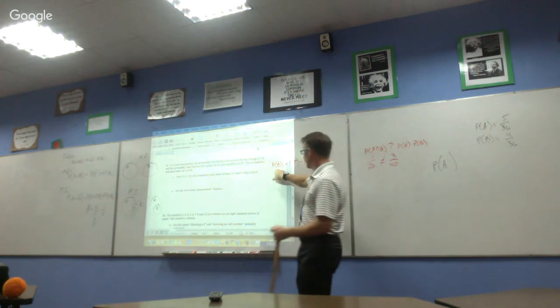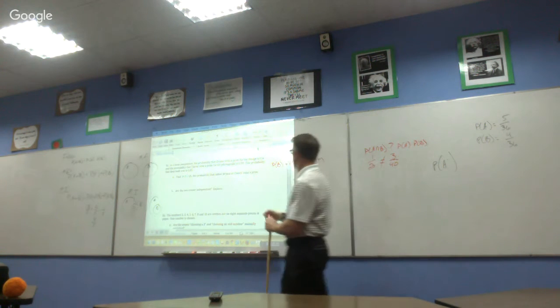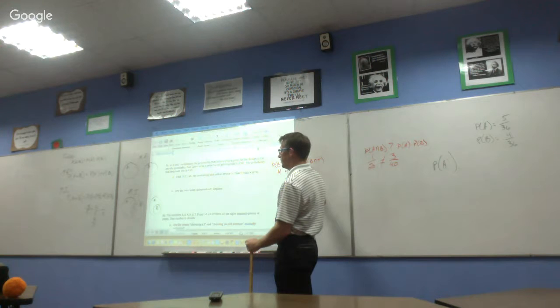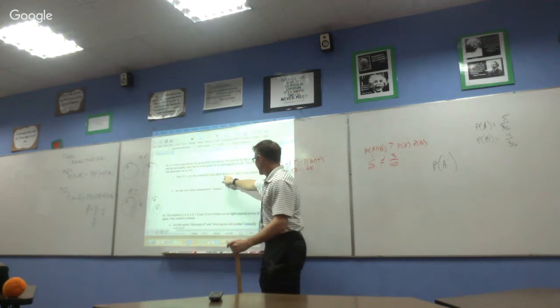Well, what's the probability of Brianna winning? 0.4. What's the probability of Tanvir winning? 0.58. What's the probability they both win? 0.25. So, what is the probability that either of them wins?